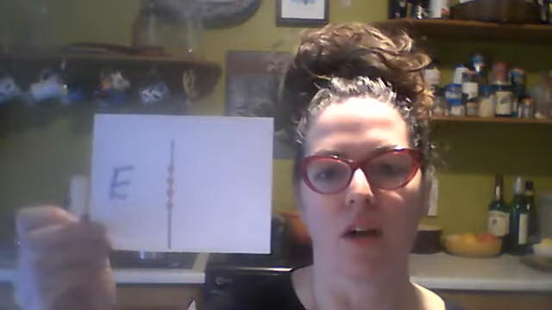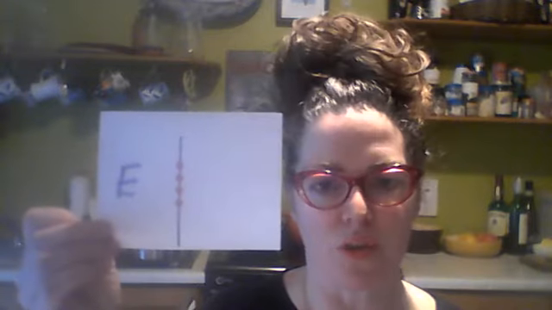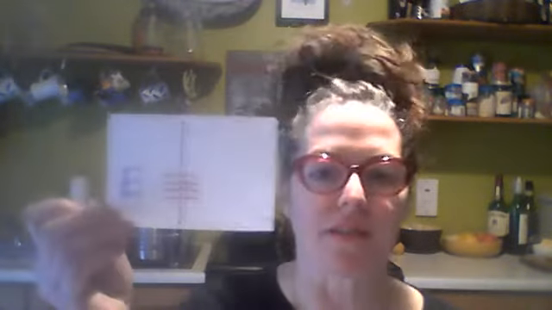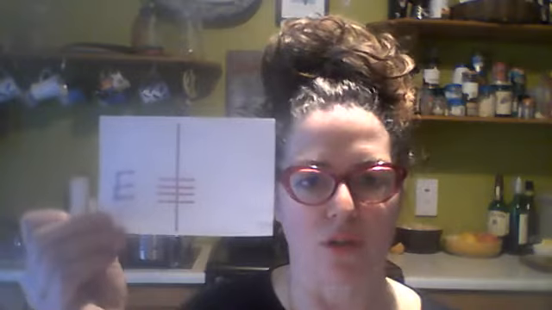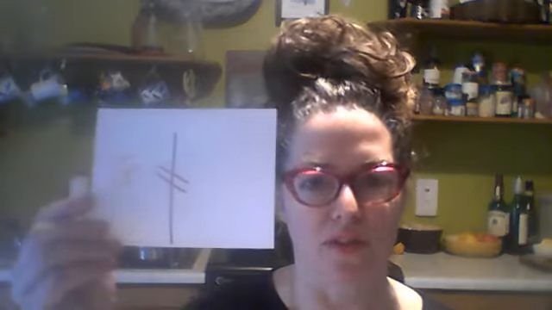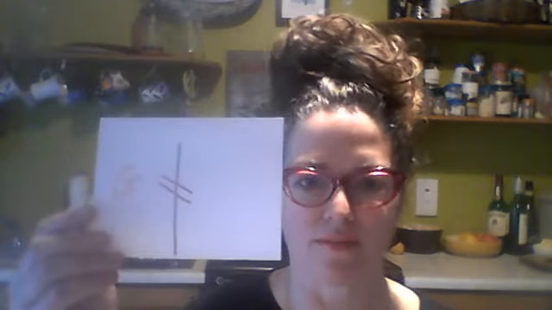E, we have 4 notches, 4 dots on the line, and that also can be represented as 4 lines going across horizontally. F, 3 lines to the right. G, 2 diagonal lines going across. H, 1 line to the left.